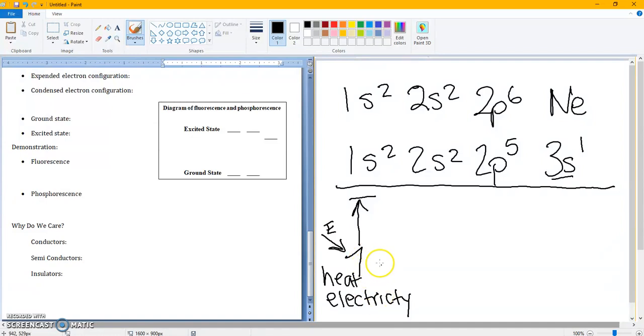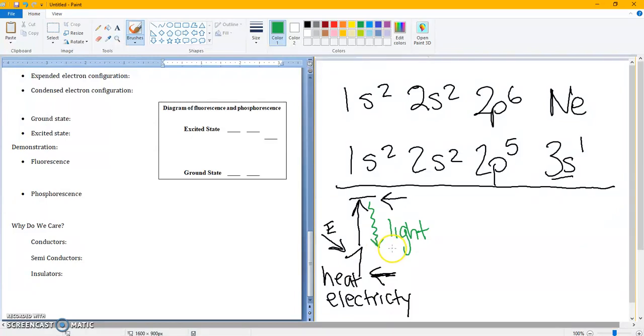Okay. At the bottom, this state where my electron is supposed to be, that's what we call the ground state. And then where it moves up, that's what we call the excited state. And you guys know that when an electron jumps up into an excited state, it's eventually going to fall back down. And when it falls back down, it releases light energy.